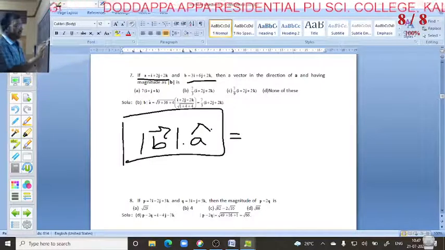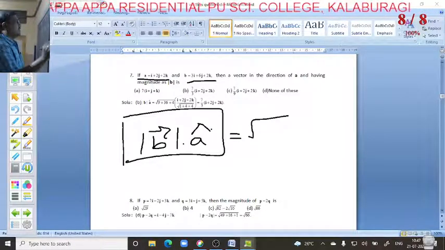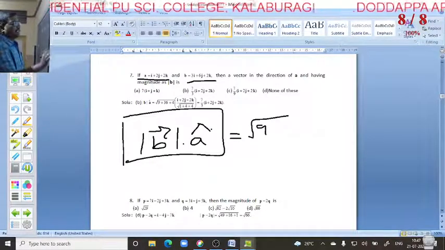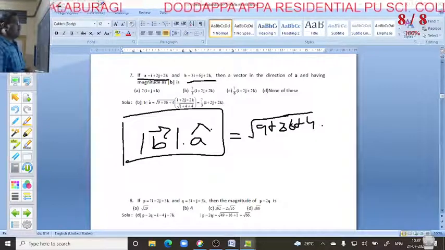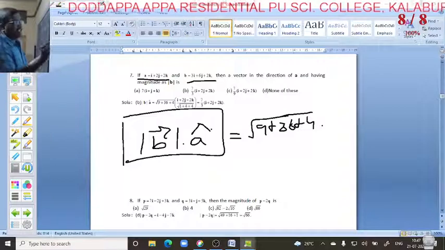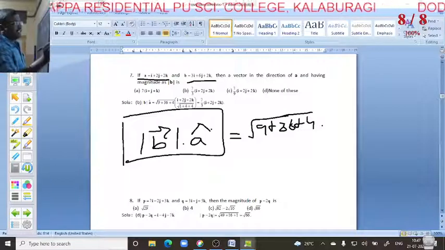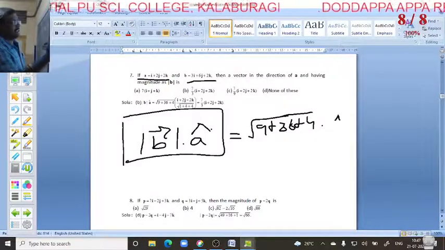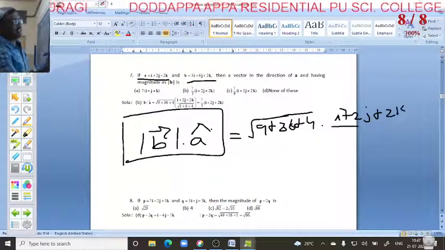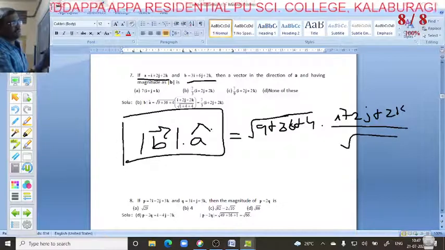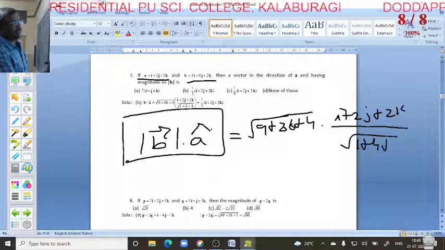Here, magnitude of vector B means 9 plus 36 plus 4, into A cap. A cap, we know already the unit vector formula, that is i plus 2j plus 2k divided by root of 1 plus 4 plus 4.